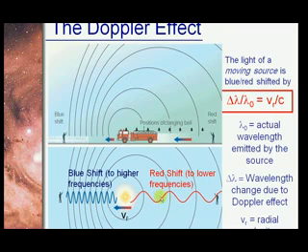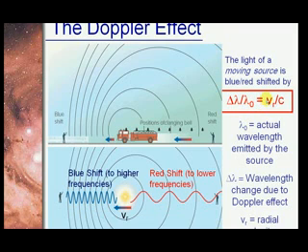To find the velocity of a star, it's very easy. You take the original wavelength, lambda naught, and the new wavelength, and take the difference between them, delta lambda, over the original wavelength, which equals the radial velocity over the speed of light.